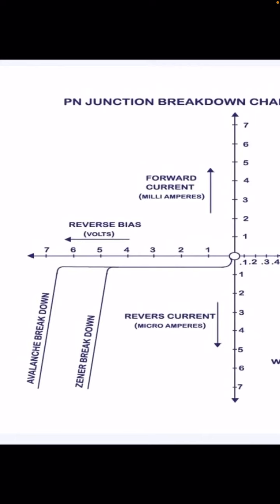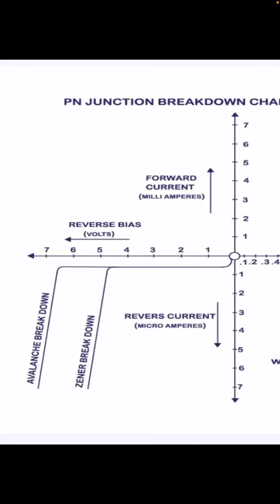But after that, just near the 5 volt, we have a very sharp increase in the current, which is known as the Zener breakdown. So at that voltage, which is called the breakdown voltage, there is no need to increase the voltage. Voltage is constant, but the current is very much increased.